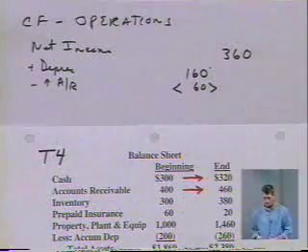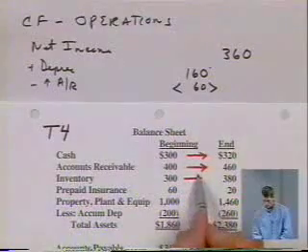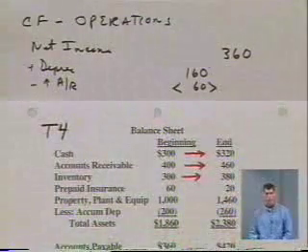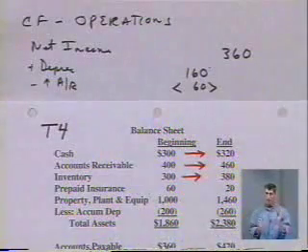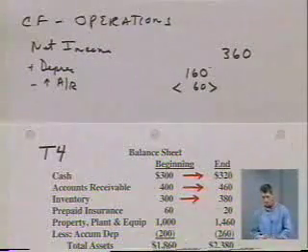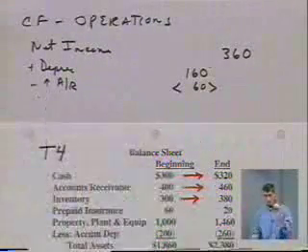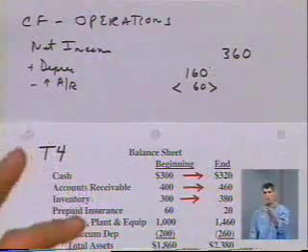The next thing is to look at inventory. Inventory goes from 300 to 380. Aren't these numbers nice and juicy, easy to subtract? That's just wonderful, and you can thank me for that later. So we go back to our cash flow statement, and if inventory is increasing, it's increasing because we purchased inventory.